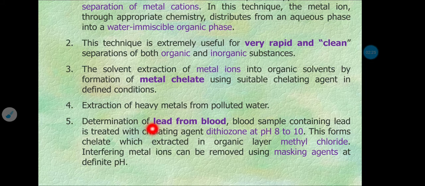Determination of lead from the blood sample can be done by extraction using a chelating reagent dithizone at pH range 8 to 10. The dithizone forms a chelate with the lead, and that can be extracted in the organic layer of solvent methyl chloride.